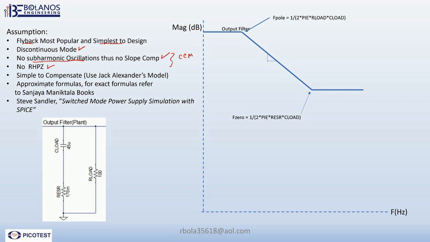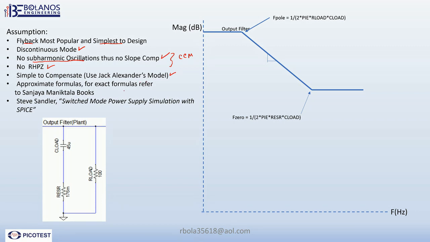Because I'm using discontinuous mode, we don't have this problem. Now I'm going to be using a model that was taught to me by my mentor, Jack Alexander, and this makes compensation very, very easy, also being that it's a discontinuous mode.